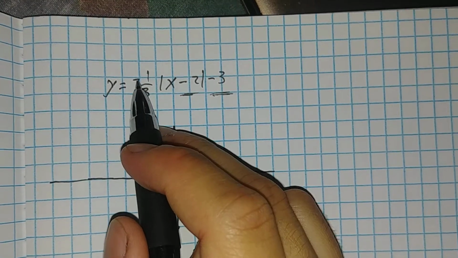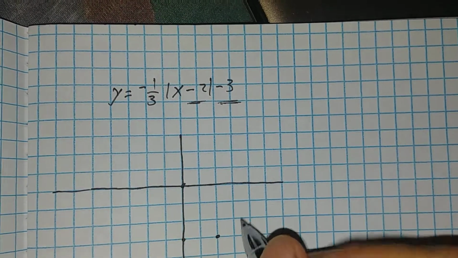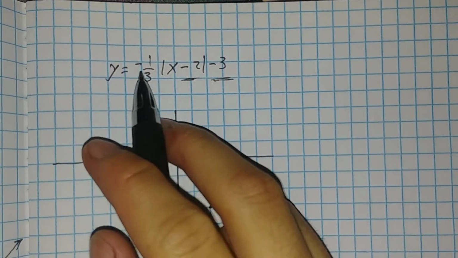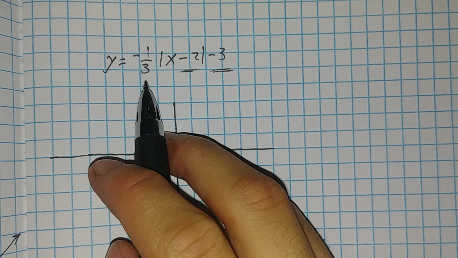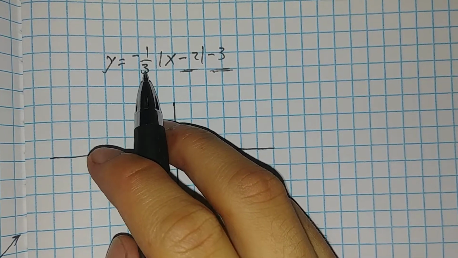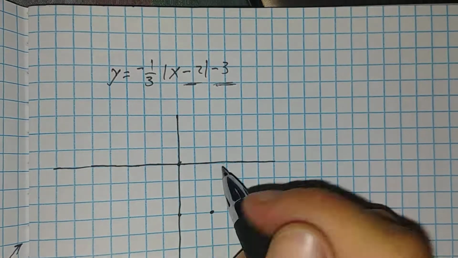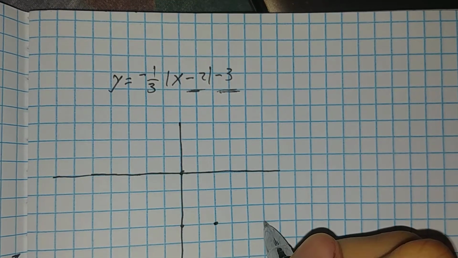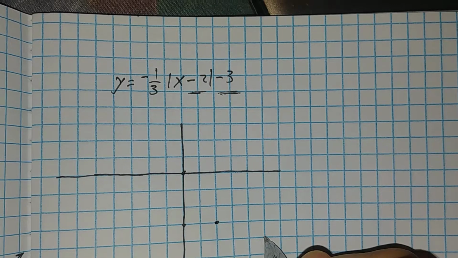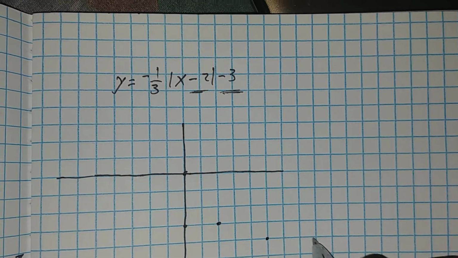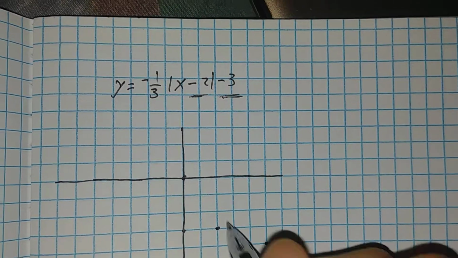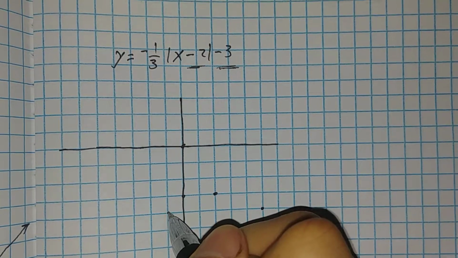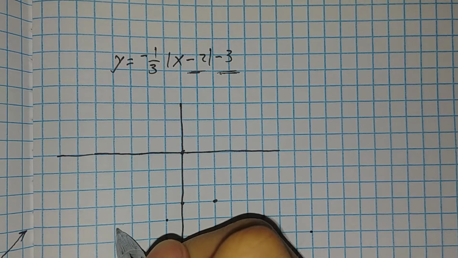Well, the negative is going to make it flip, so I know it's going to be an upside down V. And my slope is 3 over and 1 up, but again, it's upside down, so 3 over and 1 down. Same from this side, 3 over and 1 down.